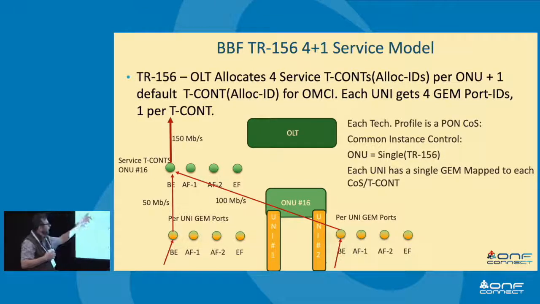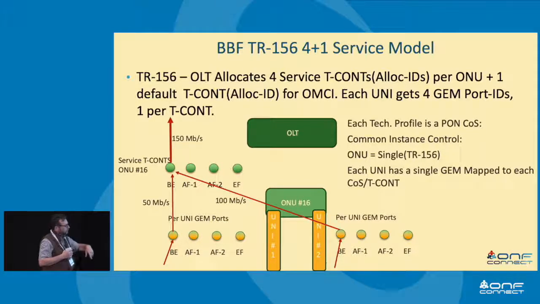In this case, it's describing a best effort service. So I have a best effort service on UNI 1 here, and in the TR-156 case, I have a GEM port per UNI per class of service that's associated with a TCON for that class of service.